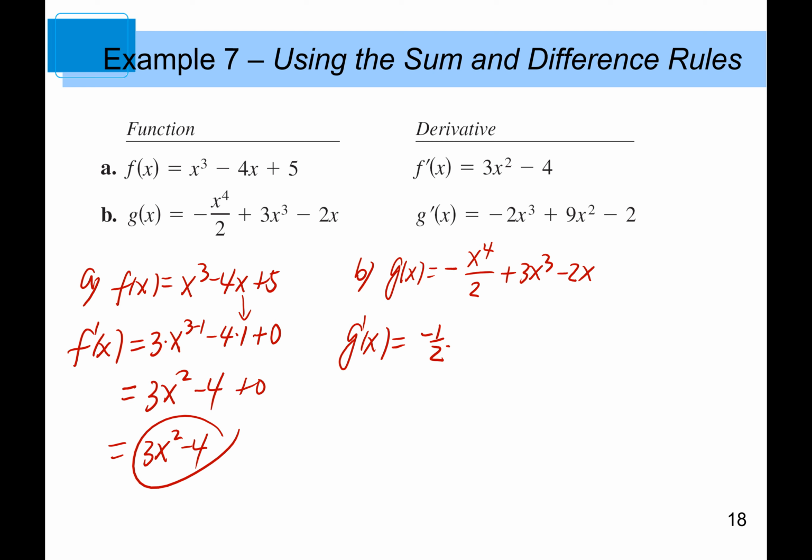Put the exponent 4 in front. Reduce the exponent by 1, 4 minus 1. Plus 3 times 3 x to the 3 minus 1. 2 times derivative of x becomes 1. So negative half times 4 becomes 2x to the third plus 9x squared minus 2.